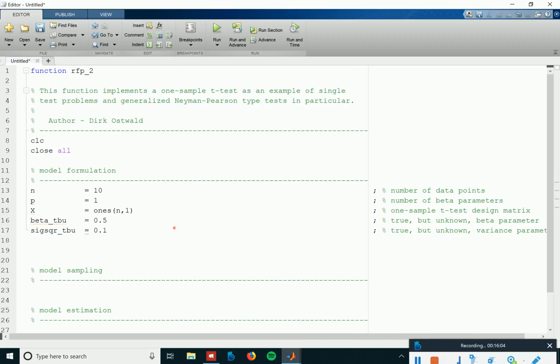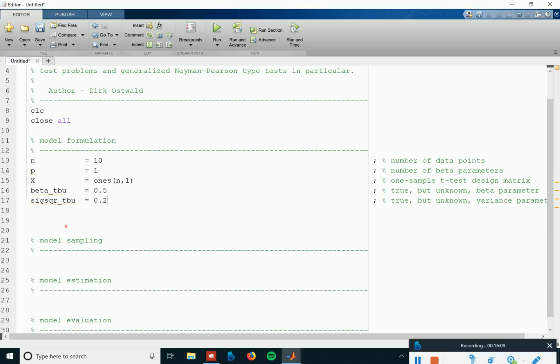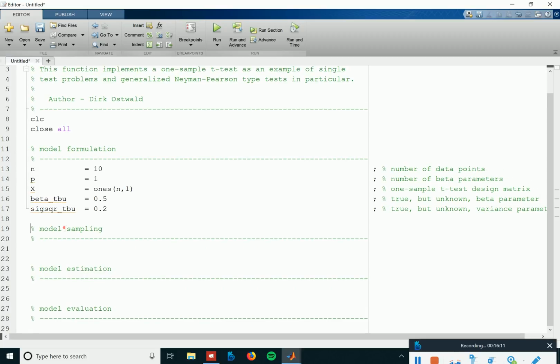Good. Then maybe like this. I don't know. Then we are almost ready for sampling. So how can I sample the GLM? Yeah, you would use a normal distribution, right? With the values that we specified. What kind of normal distribution? Multivariate. Yep.